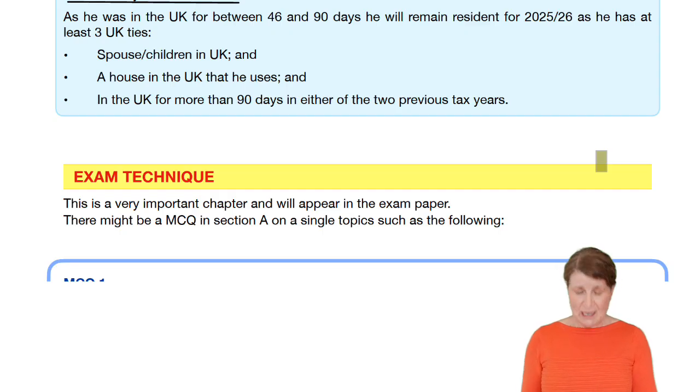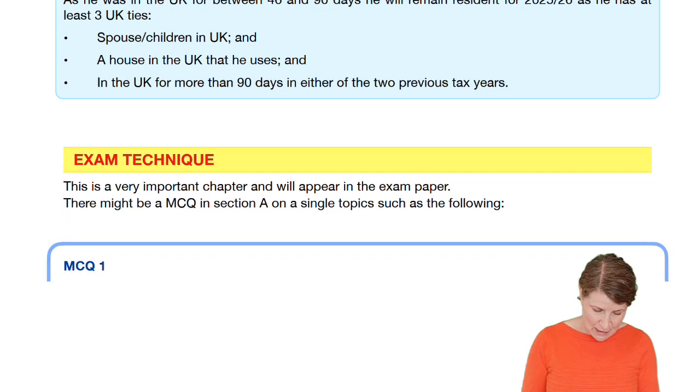So he's got 3 ties and he needs 3 ties, and therefore under the sufficient ties tests, he will be treated as resident in the UK for 2025-26, and therefore he's going to be taxed on his worldwide income, which he's probably not very happy about. But unfortunately, residency is a matter of fact, not a matter of choice. So therefore he's resident in the UK.